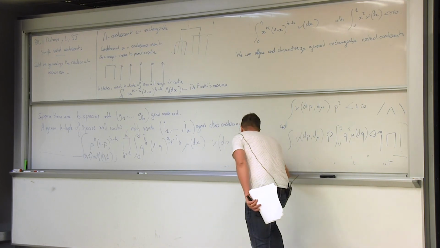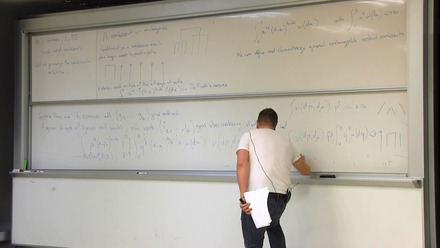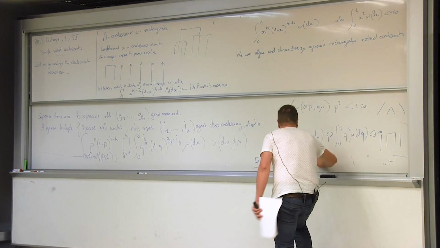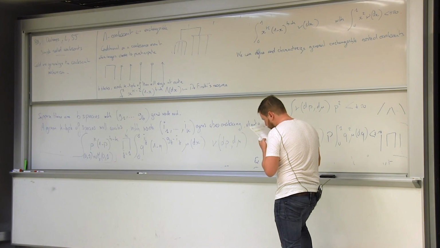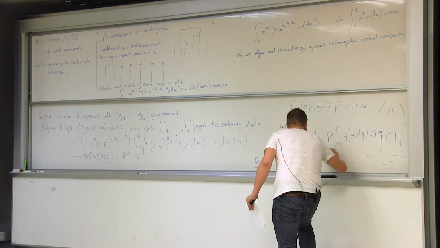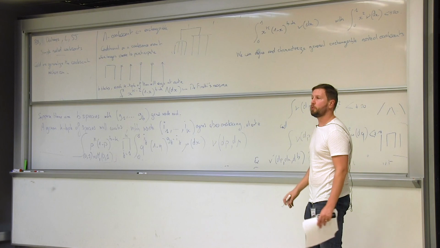For example, you take nu as nu prime dp dA dB times a Dirac on a measure AB, d mu, and then this measure AB is a beta 1 with A and B positive.